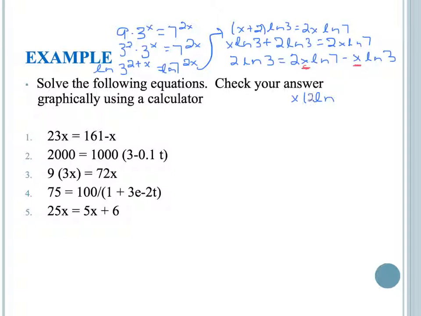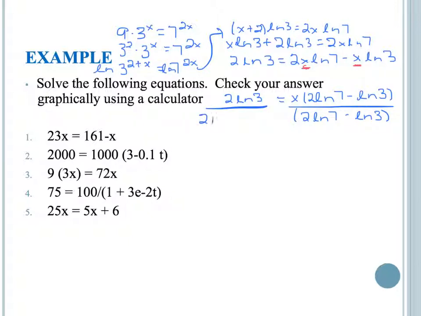So I would have 2 ln of 7 minus the ln of 3. And to get that x all by itself, right now it's being multiplied by everything in the parentheses. So to undo multiplication, I'm going to divide. And if I divide on one side, I need to divide on the other.